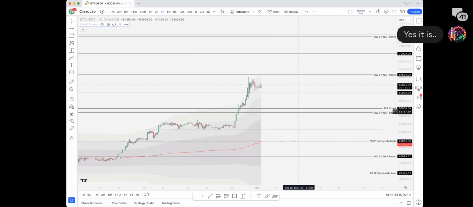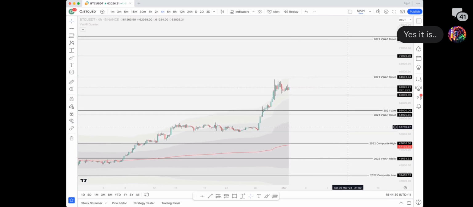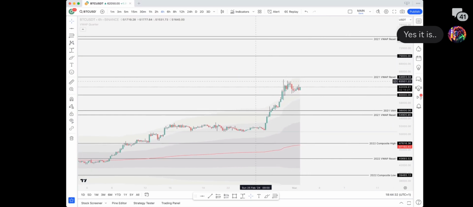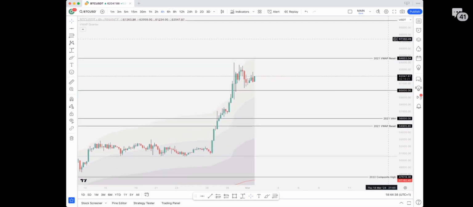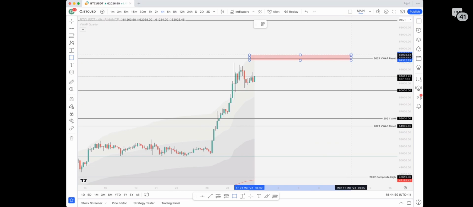There you go. So here on Bitcoin, on the quarterly and on 4 hour, you can see that this outmost deviation band together with the 2021 VWAP preset is matching up very well. So this 64.6 level will be quite difficult to break through.